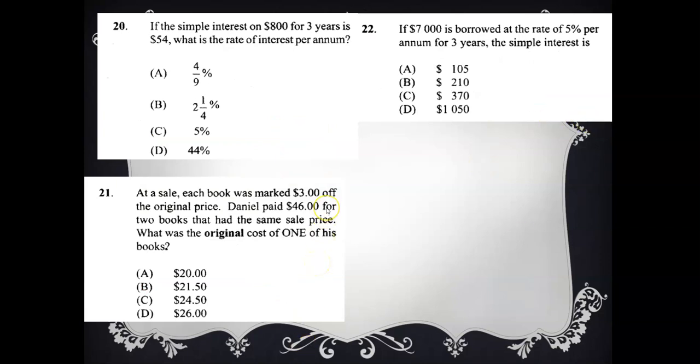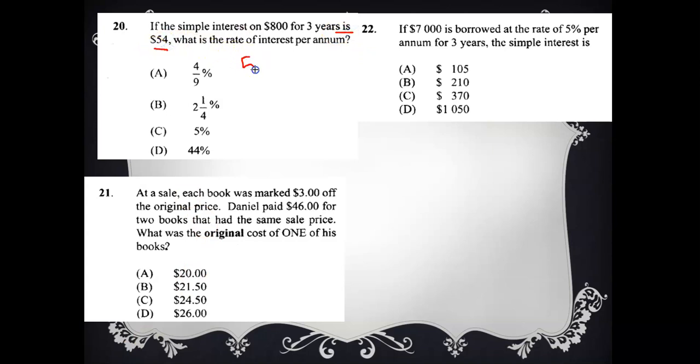Question number 20. If the simple interest on $800 for 3 years is $54, what is the rate of interest per annum? And I wonder if you remember the answer from the previous video. So the simple interest is $54.